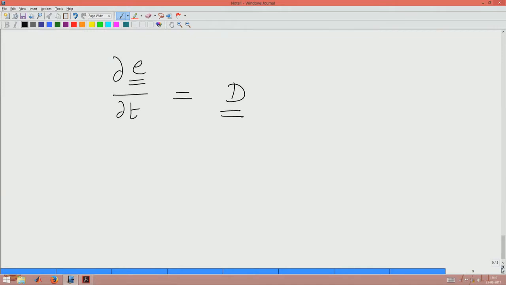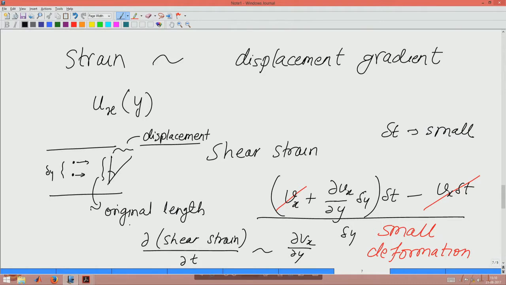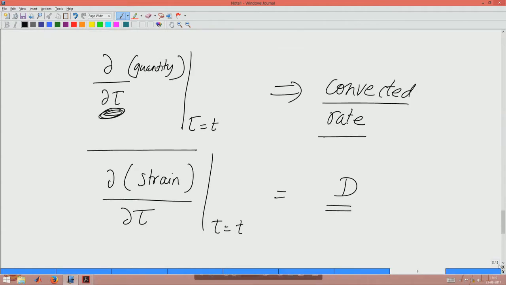Just the way, in fact, that is what we showed here: the partial derivative of shear strain is just equal to the velocity gradient. That is in general not true.